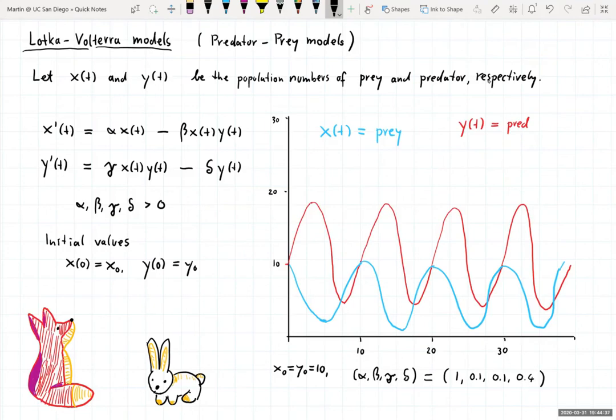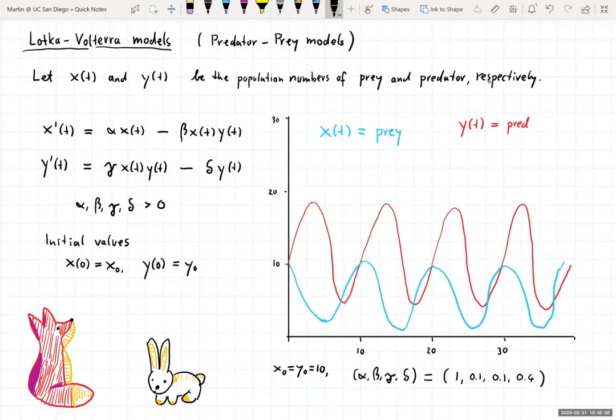Let's make a short review of what these two equations mean. On the one hand, we have x prime of t, and we have alpha times x of t, which of course models some sort of exponential growth. So in this model, we assume that the prey experiences exponential growth. Maybe it's just bunnies hopping around in the field, eating grass and procreating, and we assume that they have unlimited resources to procreate.